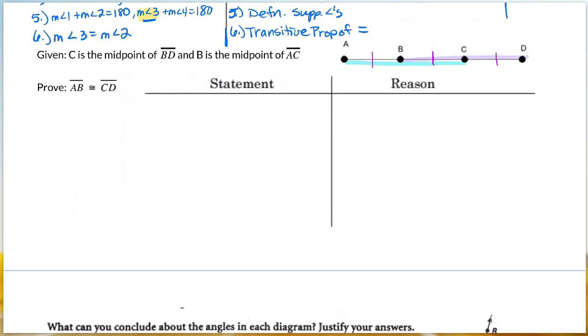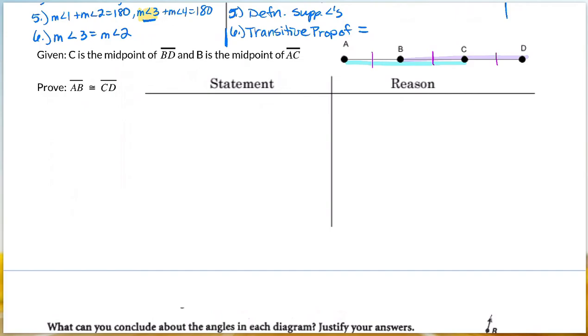So now that I have thought through what they're telling me with the definition of midpoint, getting my congruent segments here, I could see that each small piece is equal. Our goal is to prove that AB is congruent to CD, and now that I'm looking at my markings, I agree that they are all the same.